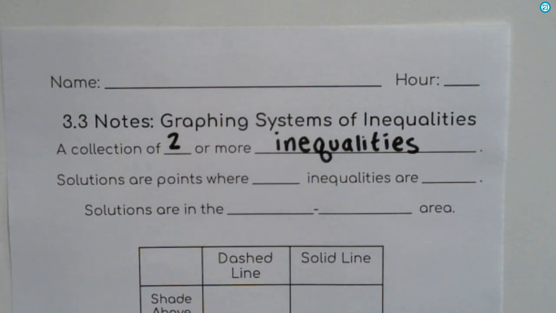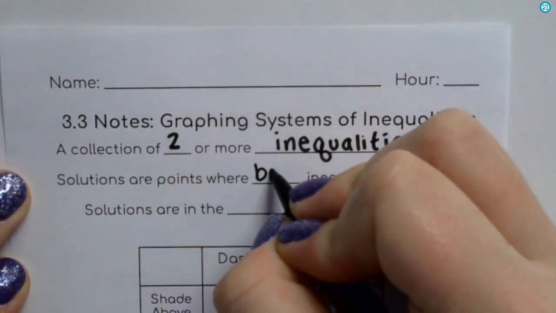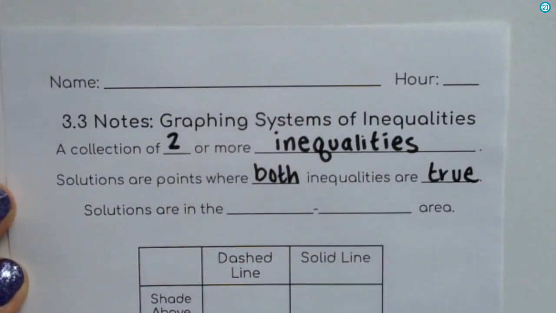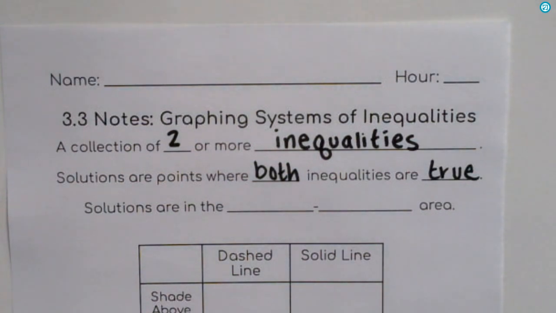Solutions are the points where both of the inequalities are going to be true. So solutions are points where both inequalities are true.